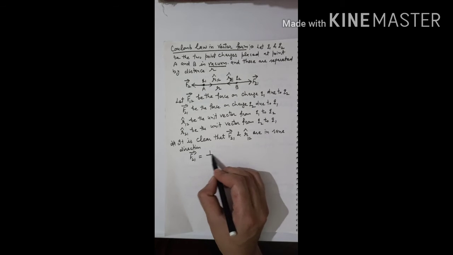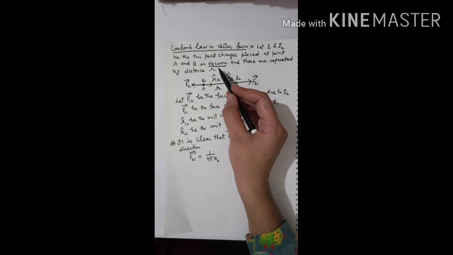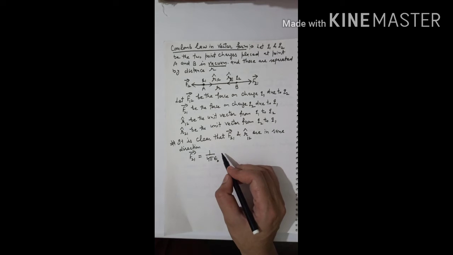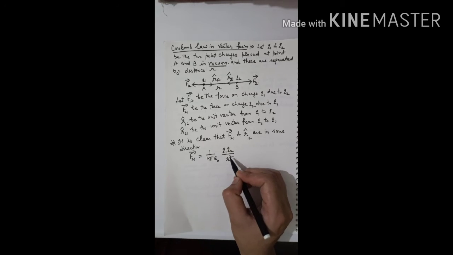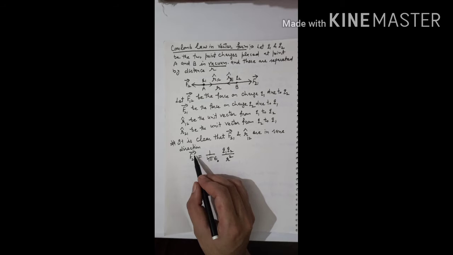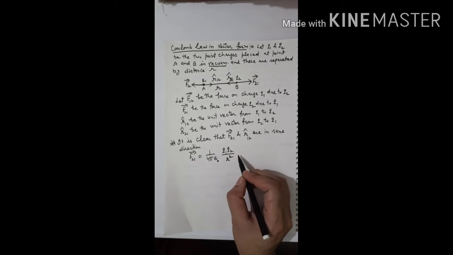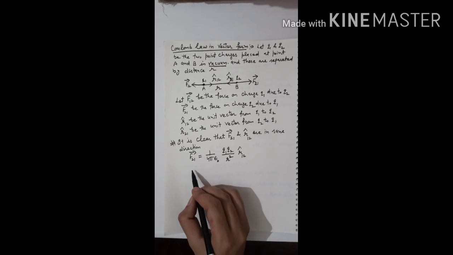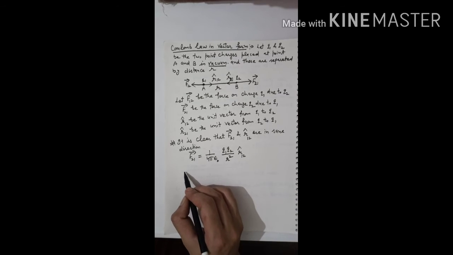This is equal to 1 by 4 pi epsilon naught. The medium between the two charges is vacuum, so epsilon r is equal to 1. So it is equal to 1 by 4 pi epsilon naught, Q1 Q2 by r square, times r12 cap, since this is a vector.